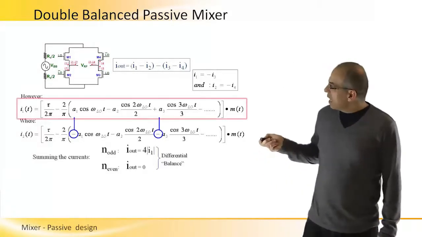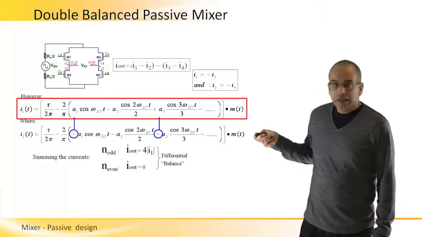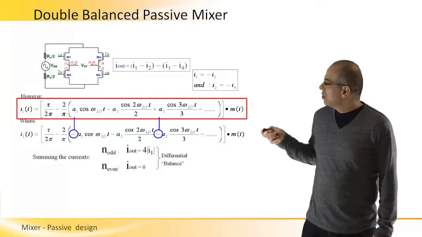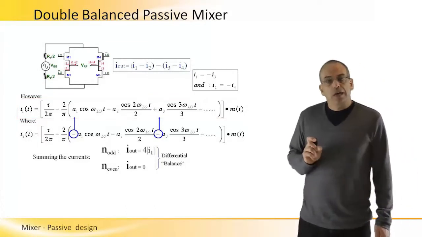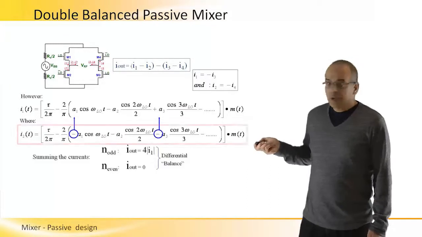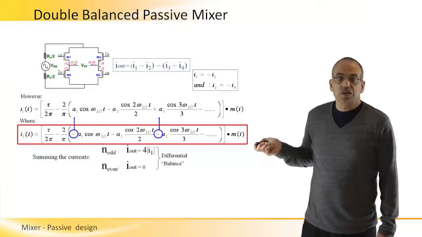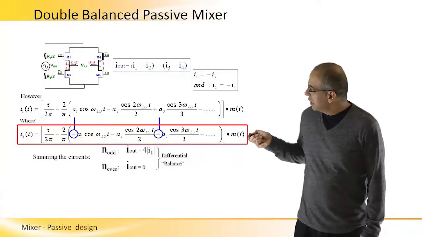Now, if we look at I1, we derived before for a non-ideal LO this expression. And if we look at I2, because of the relative phases, I2 gets this expression.